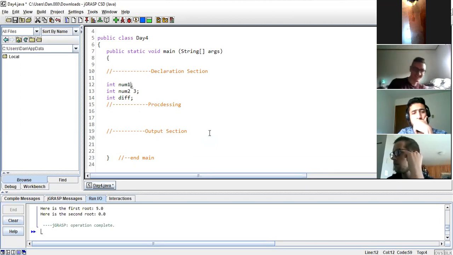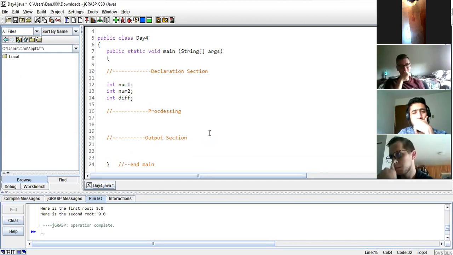I messed up. So I'm going to declare num1, I'm going to declare num2, and I'm going to declare not the difference, but the quotient. Sorry about that. Let's call it quo. Now I'm going to come down here and do processing, and I'm going to say quo equals num1 divided by num2.